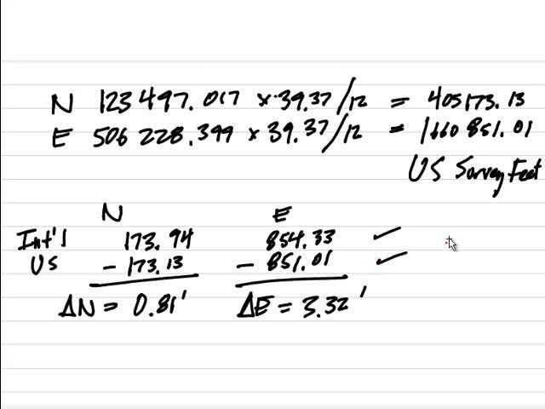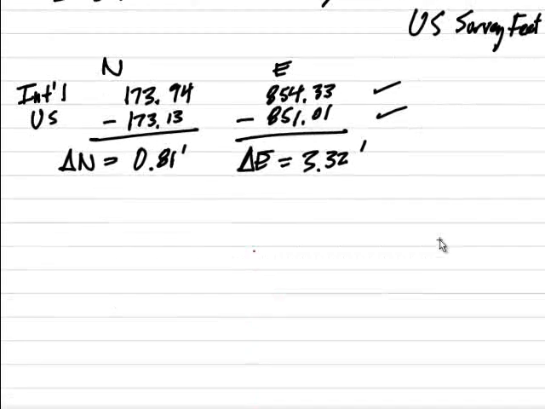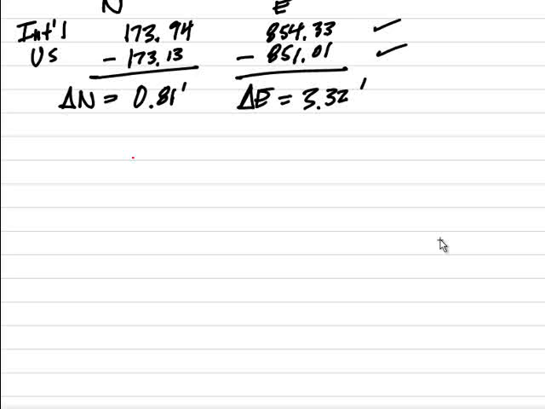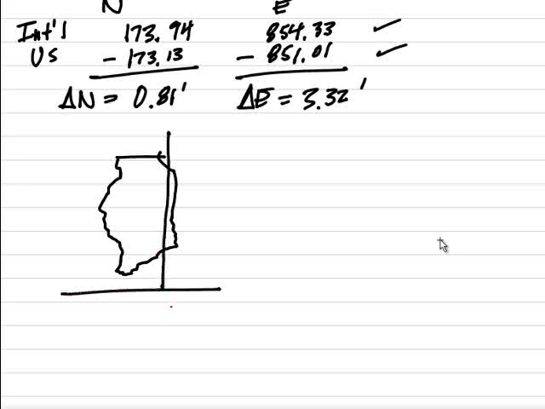And you might think, really? How is that? Well, just a little heads up here on a state plane coordinate system. If I draw Illinois here, this is a very crude version of Illinois. You get the idea though, right? Well, the central meridian of the east zone looks like this.